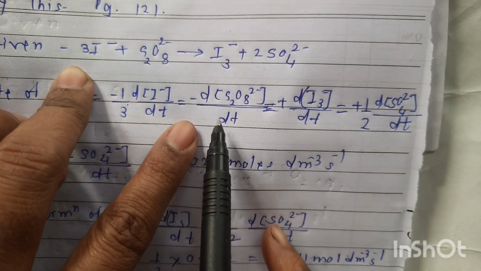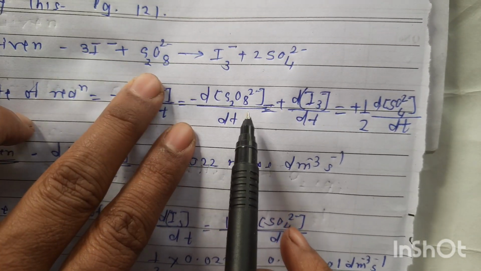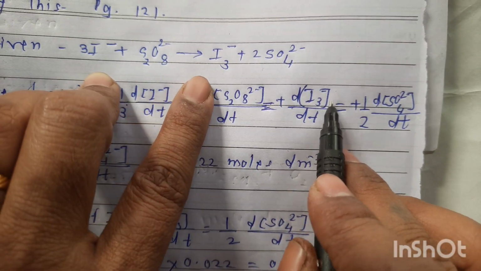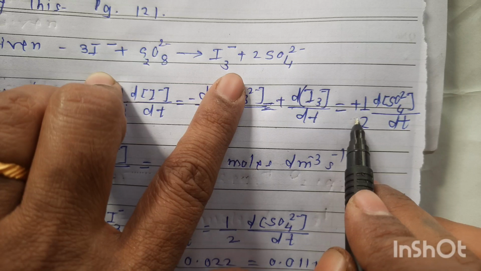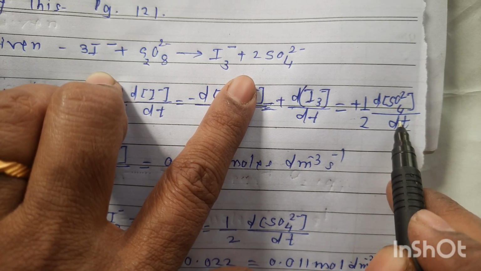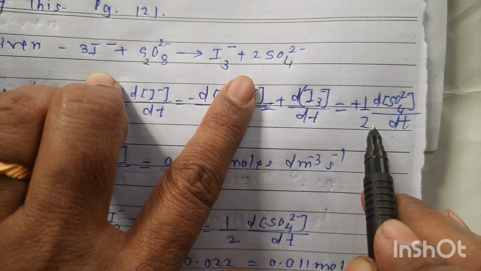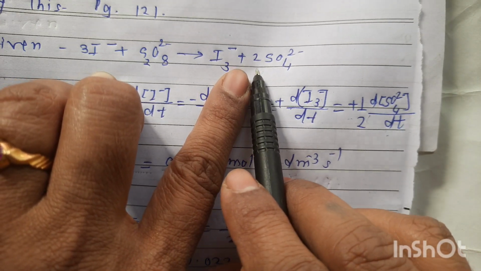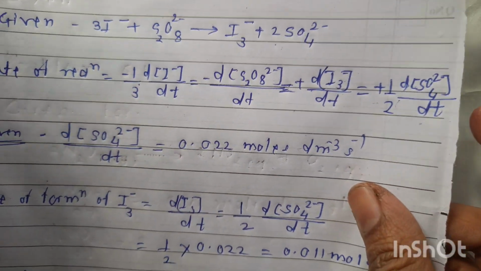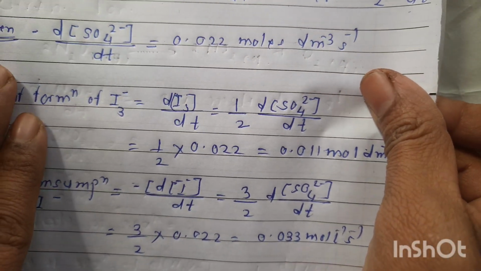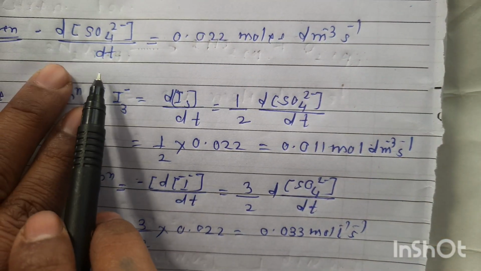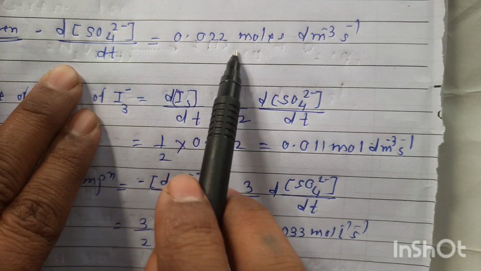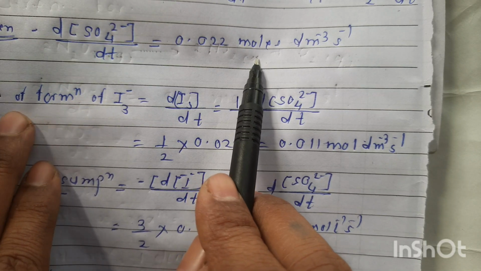Here it is rate of disappearance of S2O8 2 minus divided by dt, equal to the rate of formation of I3 minus, equal to the rate of formation of SO4 2 minus by dt. But here we multiply this by 1 by 2 because it has the stoichiometric coefficient 2, right? So what is the given value? The rate of formation of SO4 2 minus is 0.022 moles per dm cube per second, right?